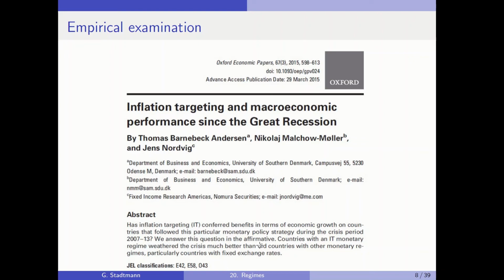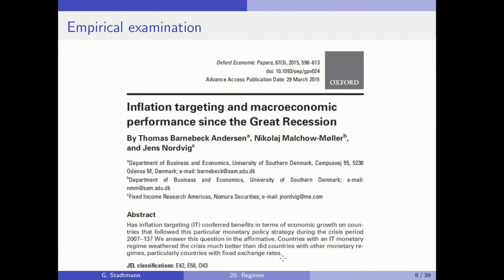The answer is yes. Countries which have an inflation targeting in place are doing much better than countries which have other monetary regimes, especially when we look at countries with fixed exchange rate systems.